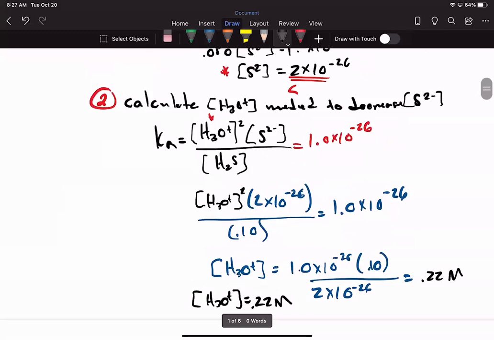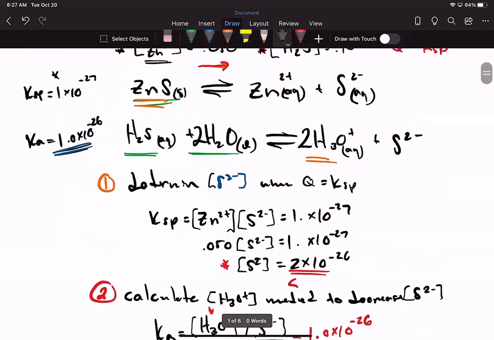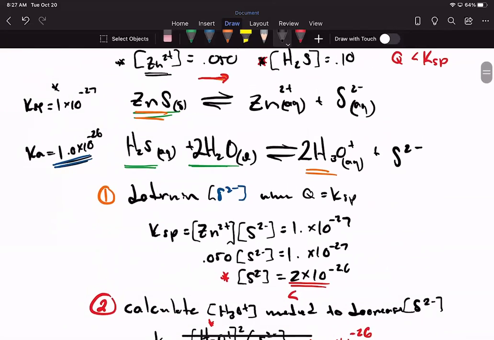Now let's understand this. If we're looking at these reactions, the only way that I can decrease this concentration is by increasing this concentration.